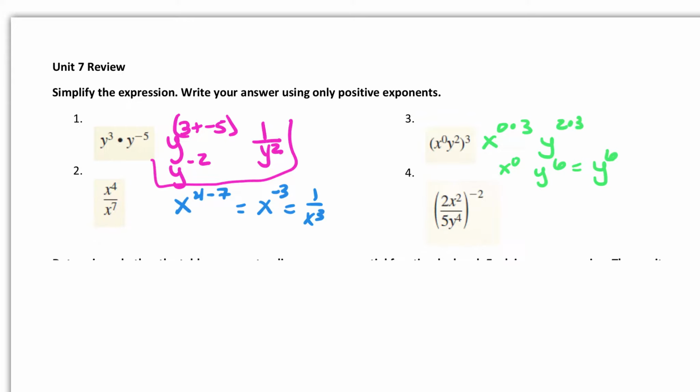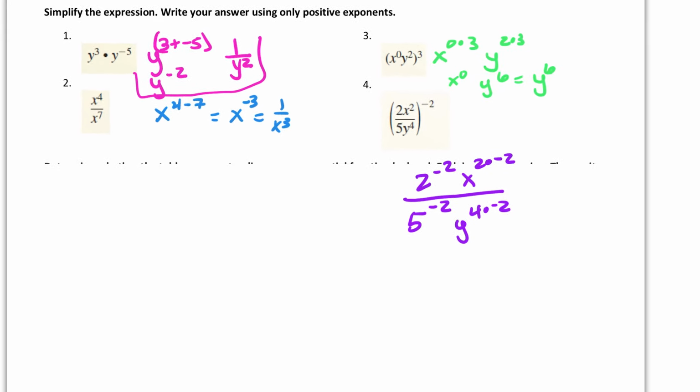The next question is 2x squared over 5y to the fourth, all to the negative 2 power. So let's do our power to a power rule. We have 2 to the negative 2, x to the 2 times negative 2, all over 5 to the negative 2, y to the 4 times negative 2.